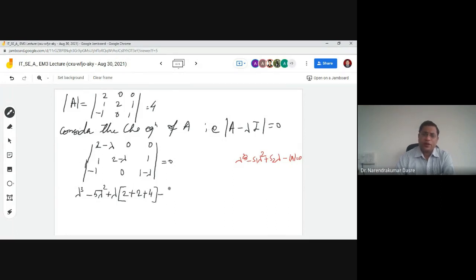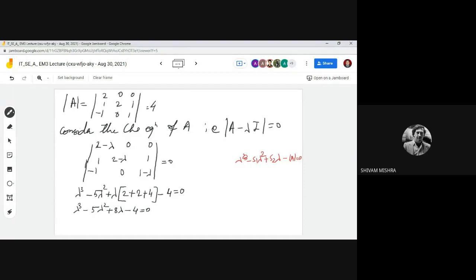Now the determinant, which you have already calculated, is 4. Simplify this: lambda cubed minus 5 lambda squared plus 8 lambda minus 4 is equal to 0. Can you factorize this polynomial and give me the factors and then the values?